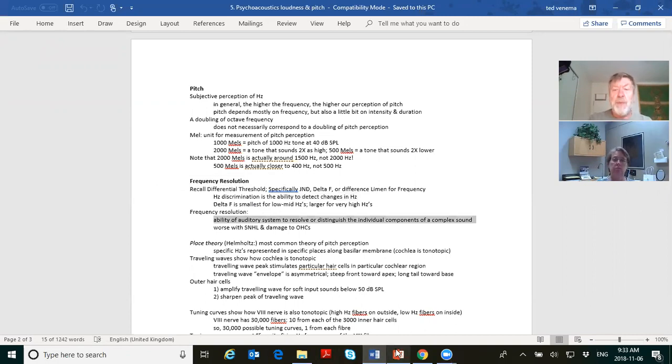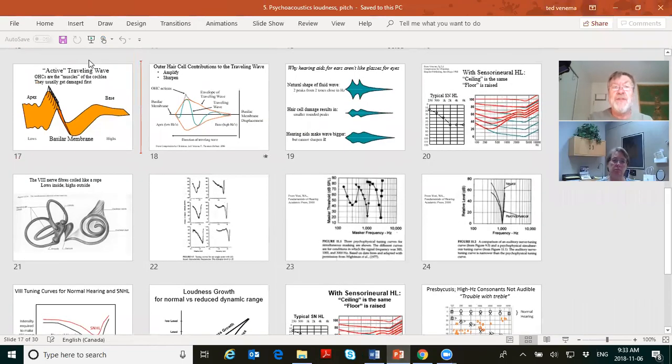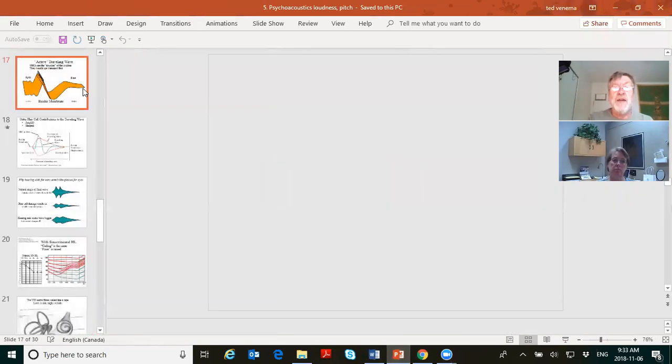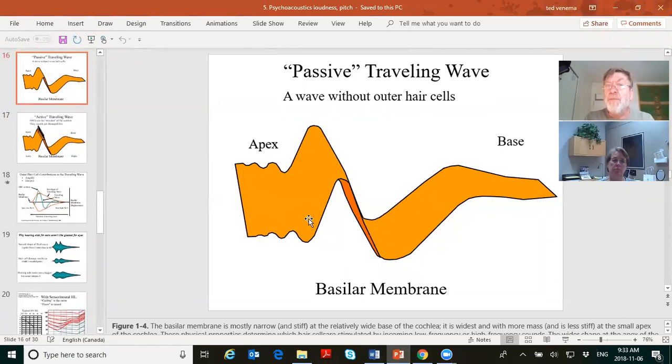And so if I show a picture of a traveling wave, and you've got it seen there, and if I go to one earlier one, this is a traveling wave in a cochlea, and at the base of the cochlea you're hearing high frequencies, and at the apex you'd be hearing lows.